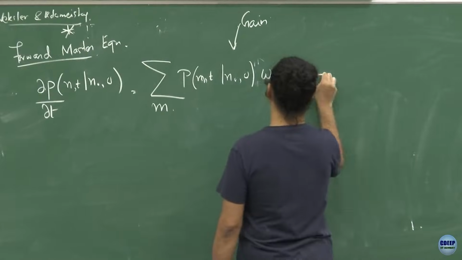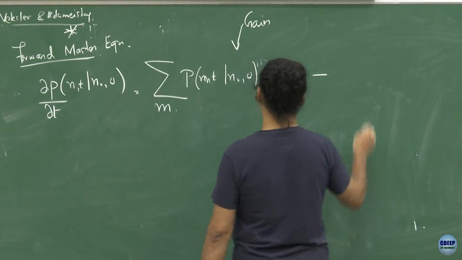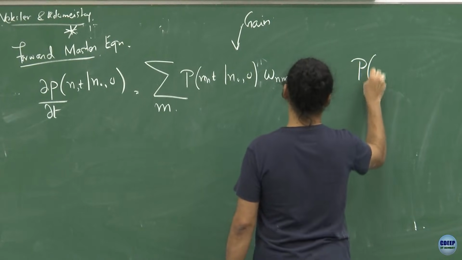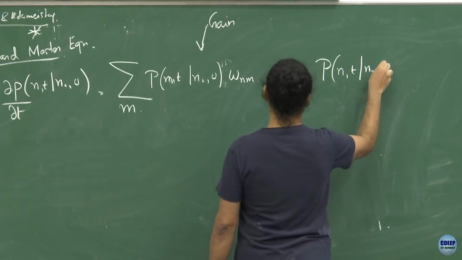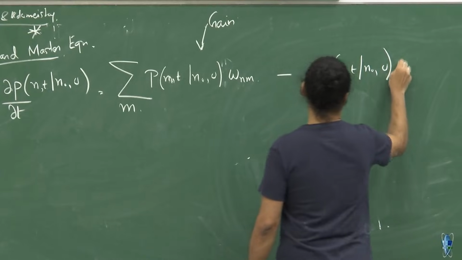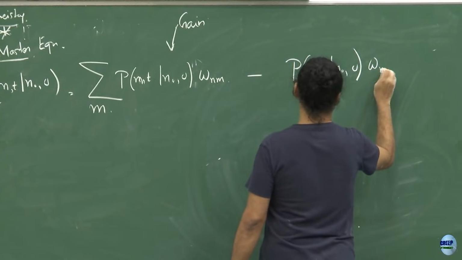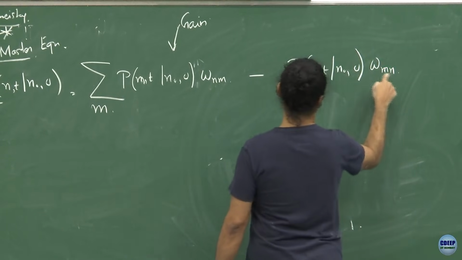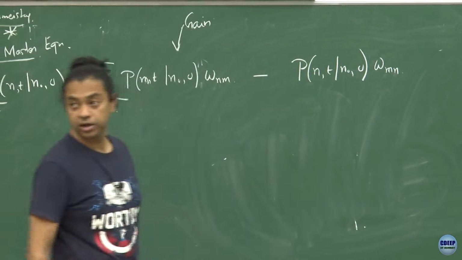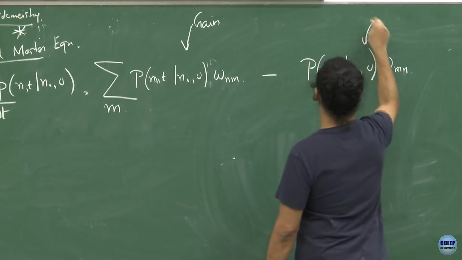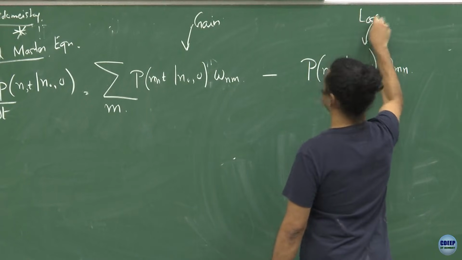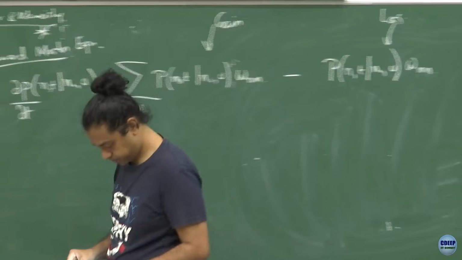And then I'll have a loss term, which is that I was at the state that I want to be in, P of n, t given n naught, 0, but then I transition out of that state to any other state, n to m. That is my loss term. This is just to remind you how the forward master equation is written.